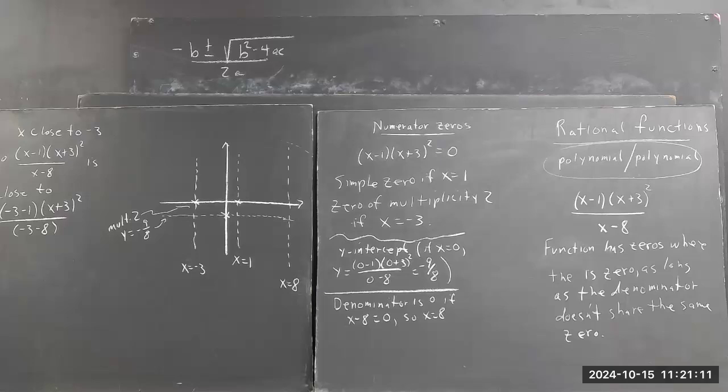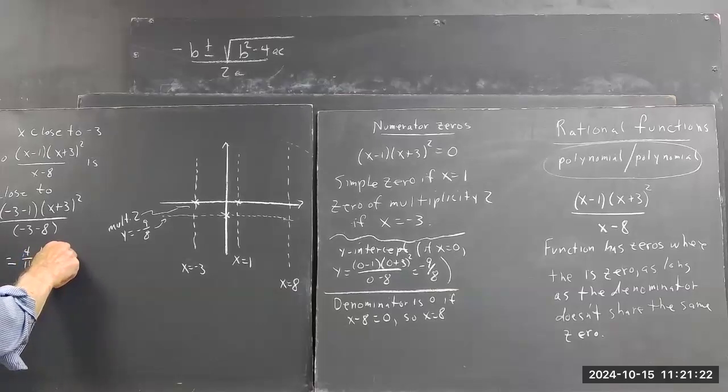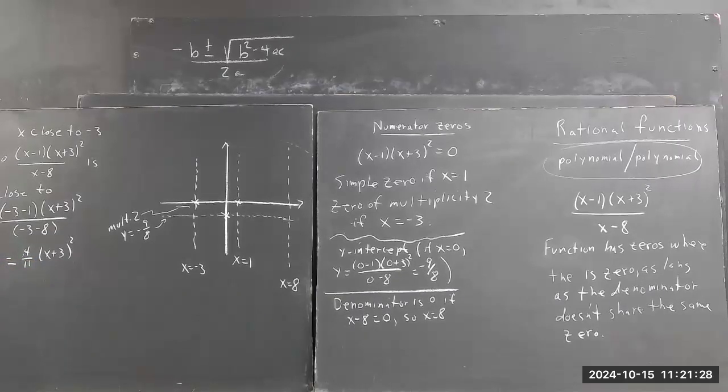Okay. And then you can evaluate this. That's -4, that's -11. Like 4/11 times x plus 3 squared.